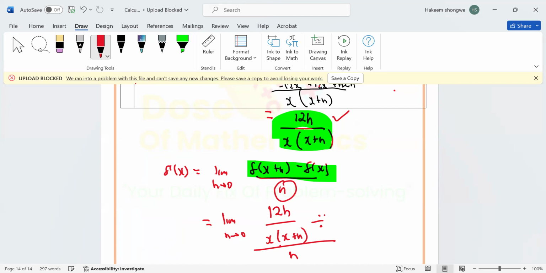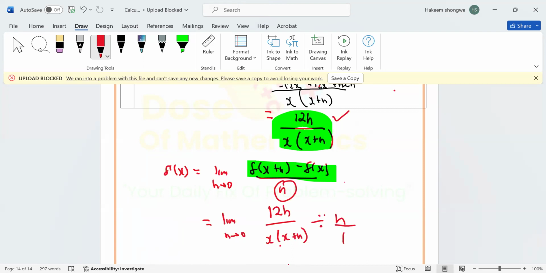So instead, now we are going to have something that looks like this, divided by h. But I don't like the division line. I want to change the division into a multiplication. What happens when you change the division into a multiplication? This is all over 1 again.